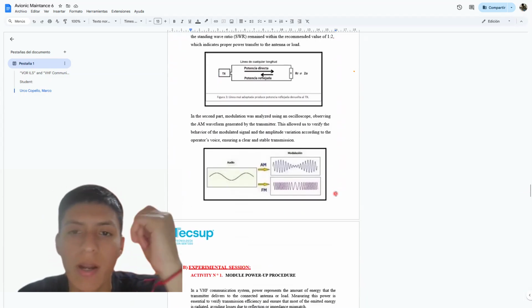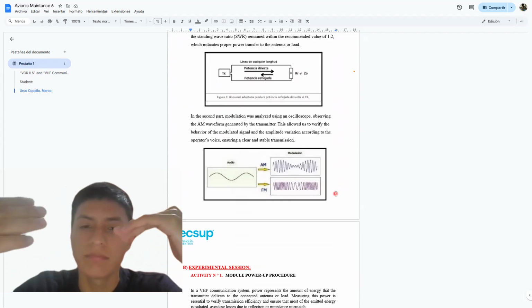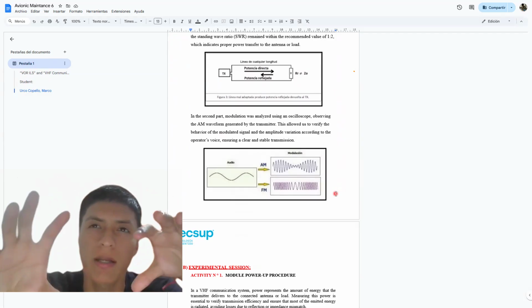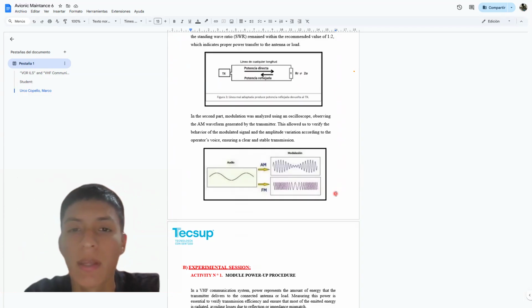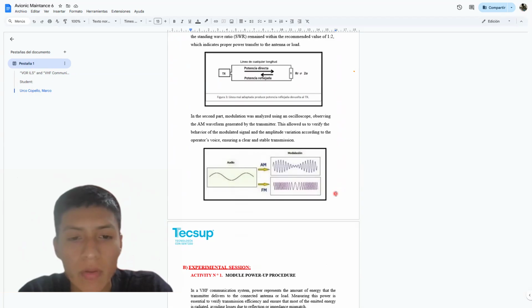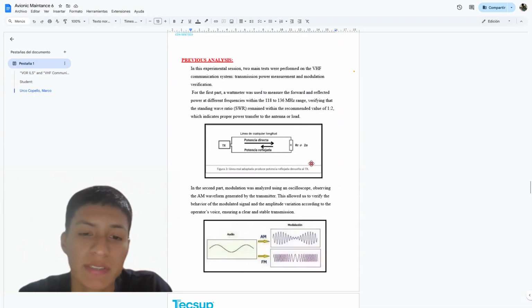Modulation is where the voice we want to send is modulated onto a certain frequency, in this case 118 to 137 megahertz. For the power test, I connected the wattmeter between the transmitter and the system load.